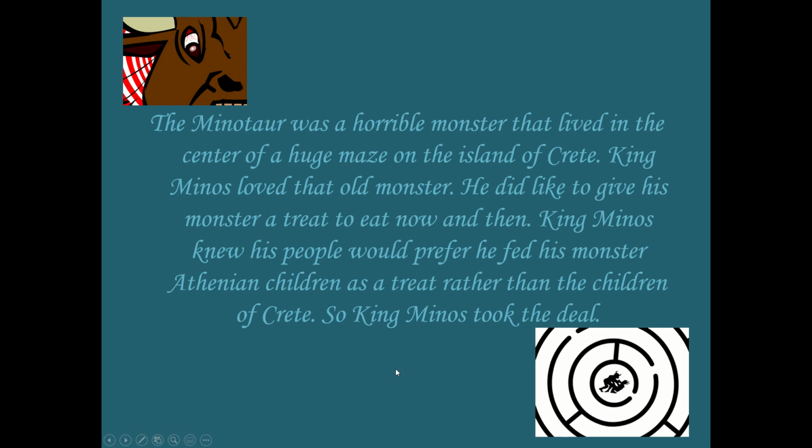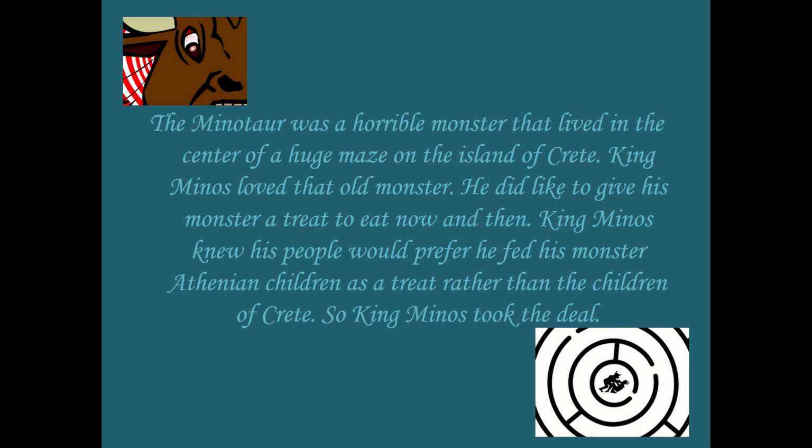Now, this hybrid monster, the Minotaur, was a horrible monster that lived in the center of a huge maze on the island of Crete. King Minos, according to this version, loved that old monster. He did like to give his monster a treat to eat now and then.